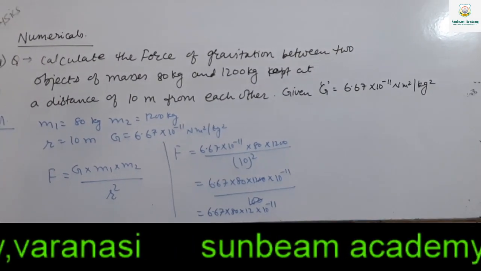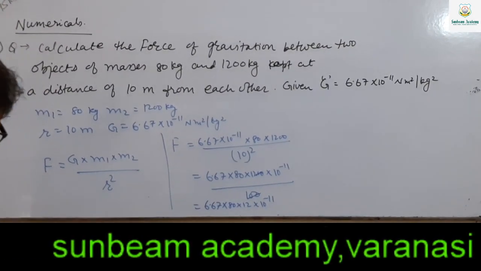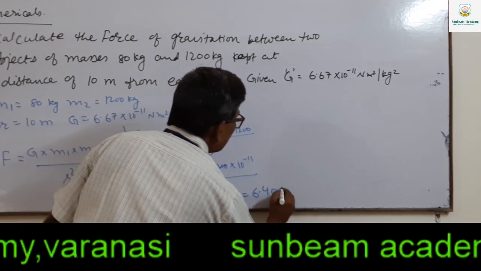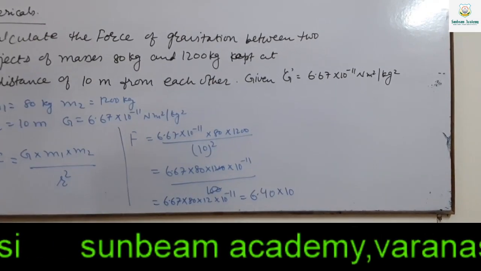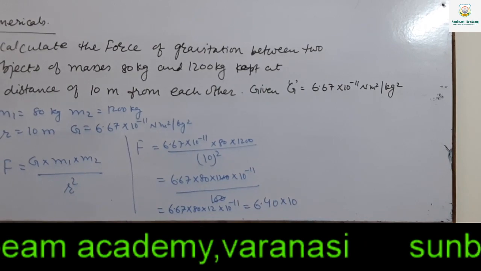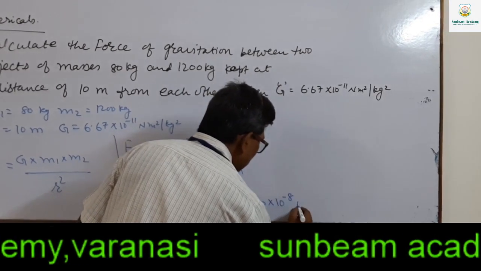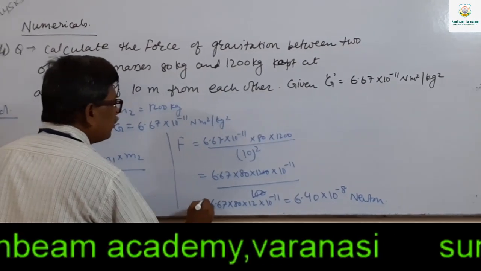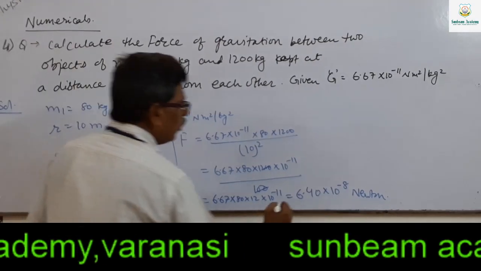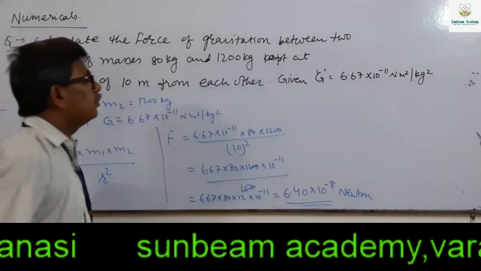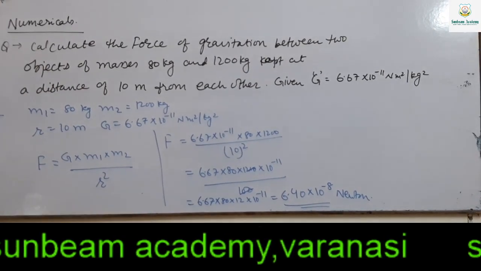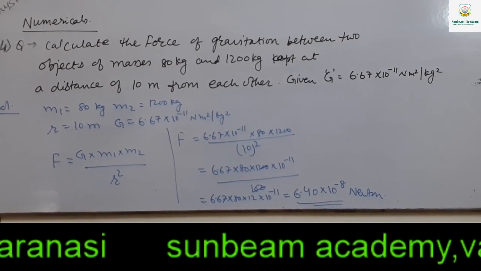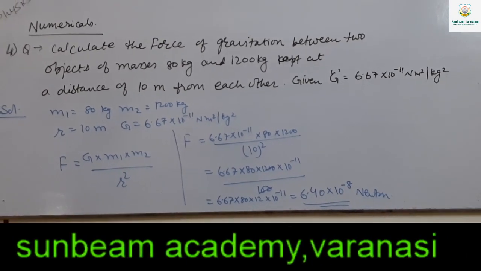When you multiply this, you will get approximately 6.40 into 10 to the power minus 8 Newton. Means force of gravitation F is equal to 6.40 into 10 to the power minus 8 Newton. This is the force of gravitation. You will calculate it in this way.